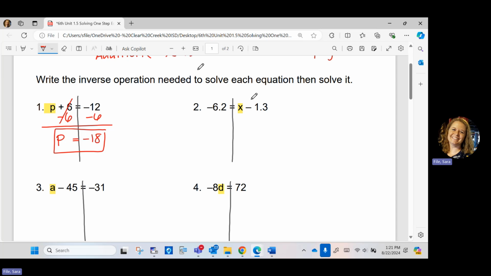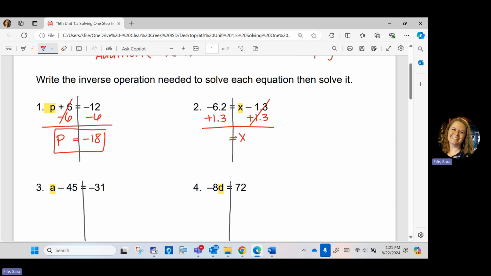What's the opposite of minus? To add, plus. So to get rid of that minus 1.3, I'm going to add 1.3. What I do to one side, I do to the other. So it eliminates it here, and I got X alone. That was the goal, to get X alone.